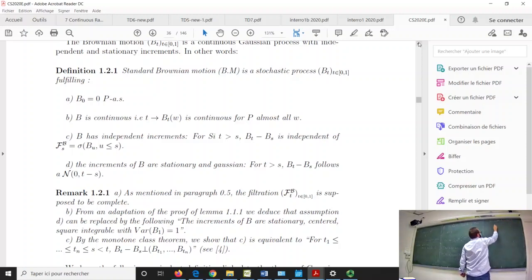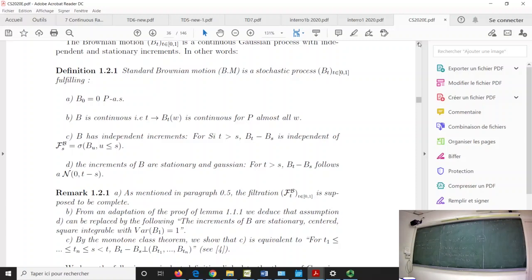So I have t plus s minus 2s, because I have supposed that t is strictly greater than s, and so the minimum between t and s is small s. So this is equal to t minus s. So I have the distribution in the definition of the Brownian motion.